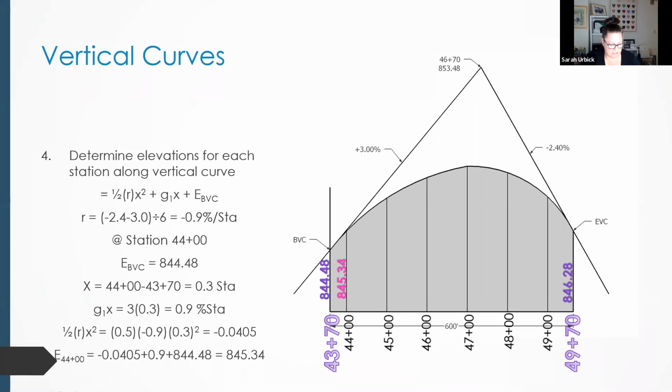Our distance is 6. That gives us 18, a positive number. So take the difference there. That gives us a delta of positive 1.8. Add that to 844.48, gives us 846.28.